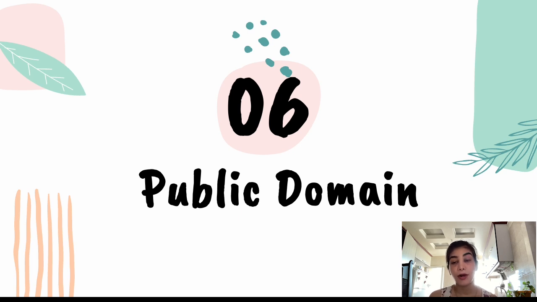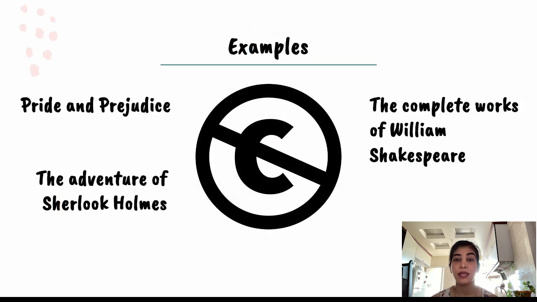Number six, public domain. What is public domain? A work, a creation that has no limits. Everybody can use it. Everybody can just copy it. Anything is possible with it. We call it a work that is in the public domain.